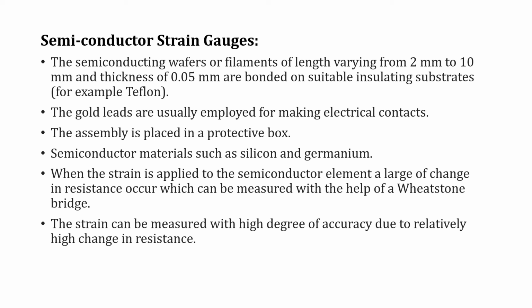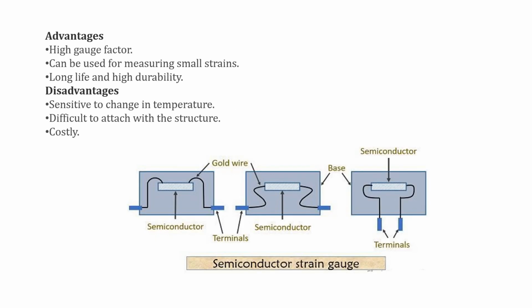Semiconductor materials such as germanium and silicon might be used. When strain is applied to the semiconductor element, a large change in resistance occurs, which can be measured with the help of a Wheatstone bridge. The strain can be measured with a high degree of accuracy due to the relatively high change in resistance.